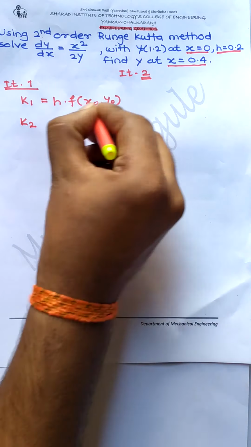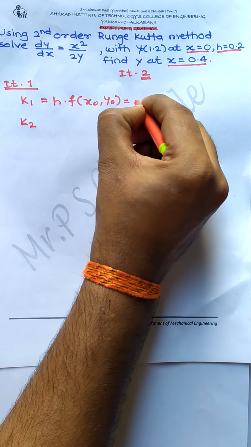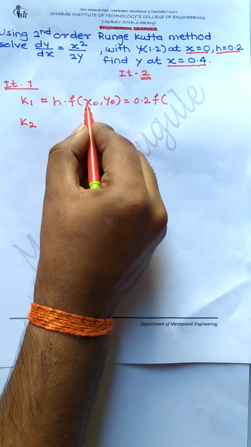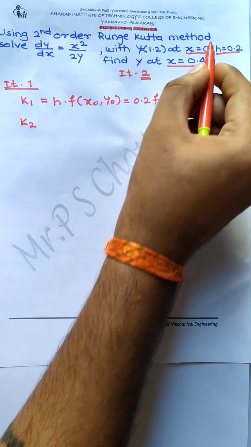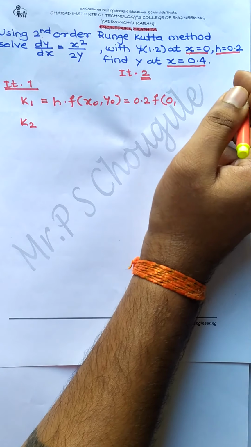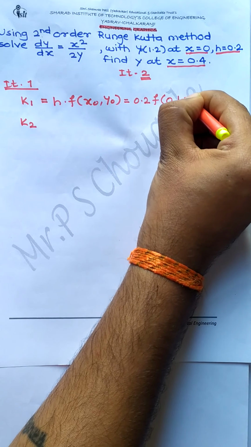Now here I will put the values: h is 0.2, the value of x0 is 0, and the value of y is 1.2.